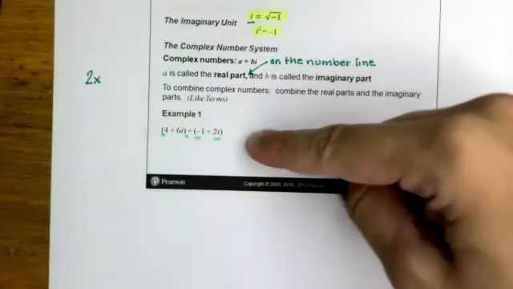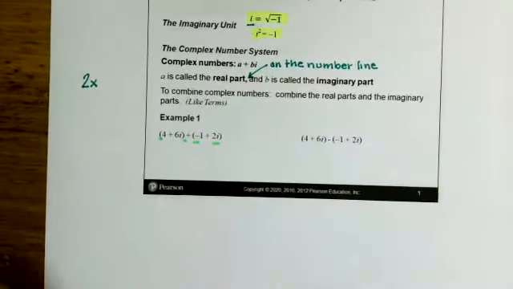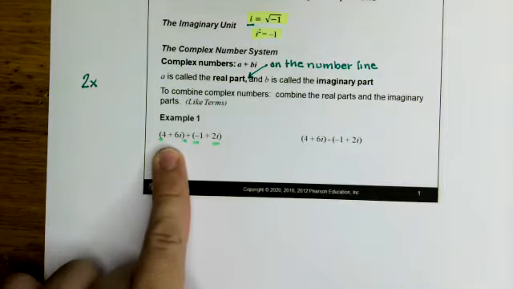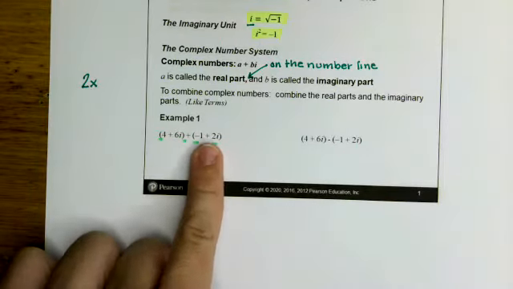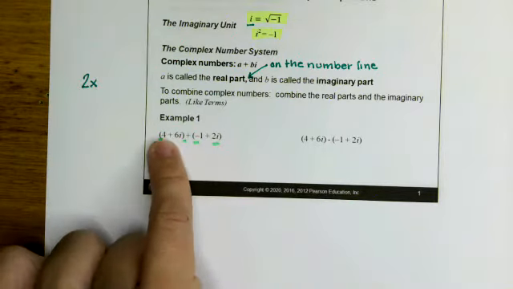But if you look at this one, you cannot do either. You cannot combine 4 plus 6i, and there's nothing to distribute in front of or behind the parentheses.